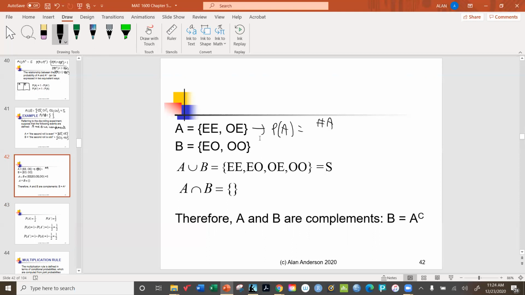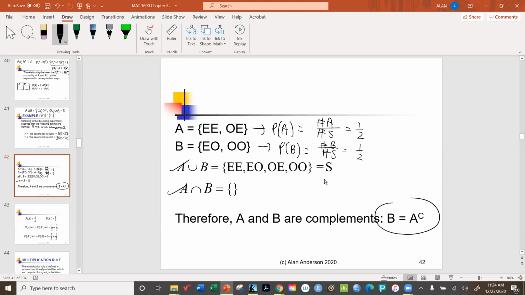So in our example, remember, we're using A and B. So number A over number S is 1/2. So their union is the entire sample space, as we've already seen, and their intersection is empty.